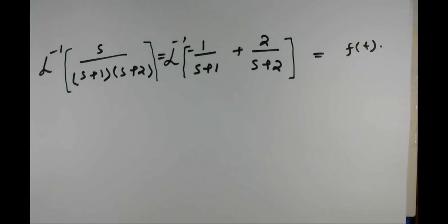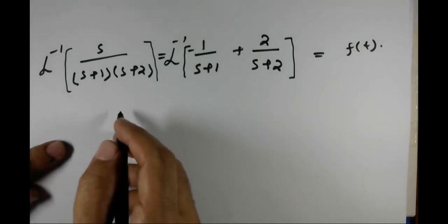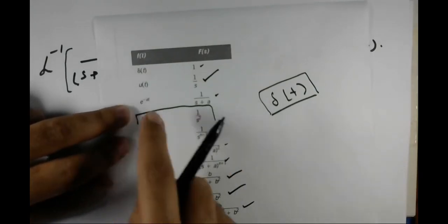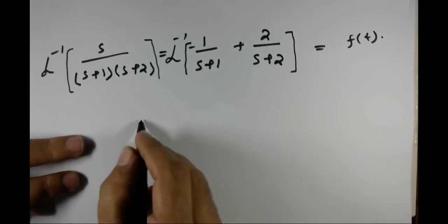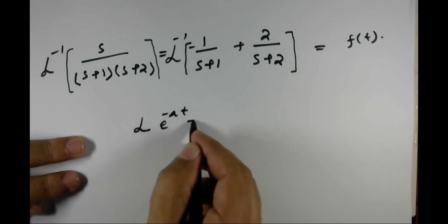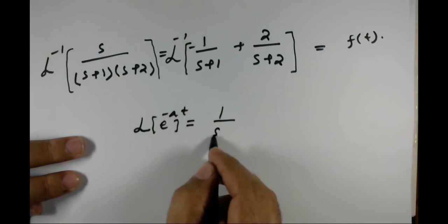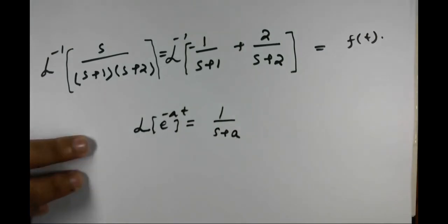Now you reached till this step. Now look closely at 1 by s plus 1. I showed you in the table, when you find the Laplace transform of e raised to the power minus at, that is, the Laplace transform of e raised to the power minus at is equal to 1 by s plus a.